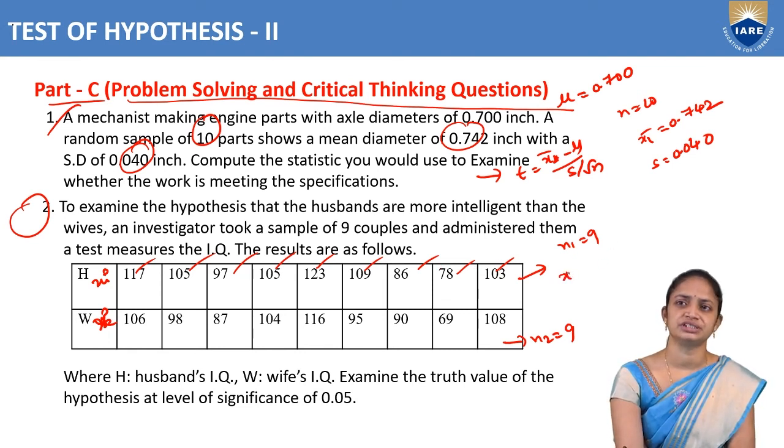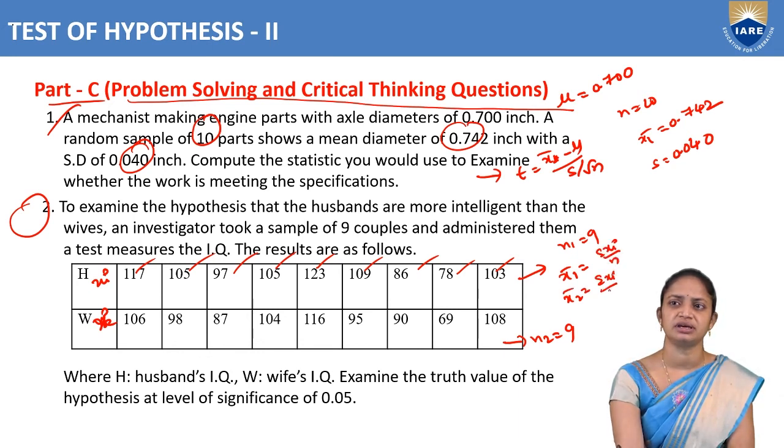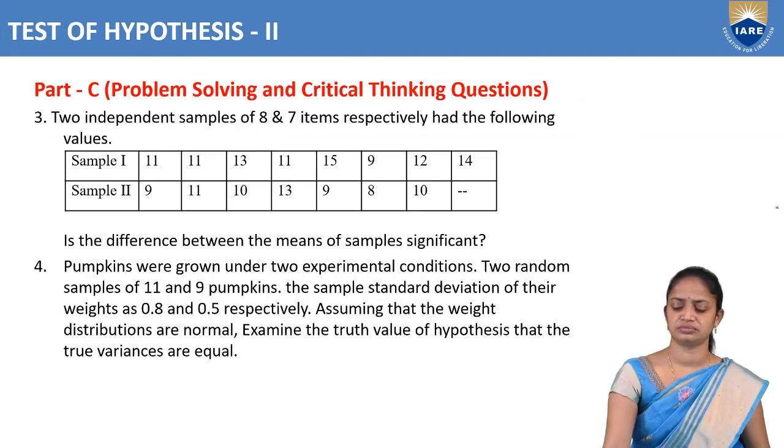If I use the t-test, we have to find x1 bar and x2 bar, so this is summation xi by n1 and summation xi by n2. Now the t-test formula is x1 bar minus x2 bar divided by s into under root of 1 by n1 plus 1 by n2.